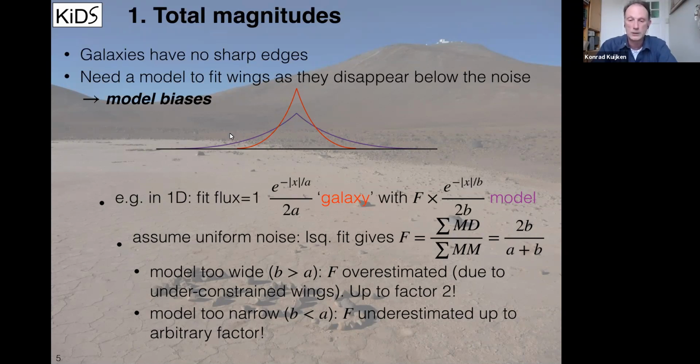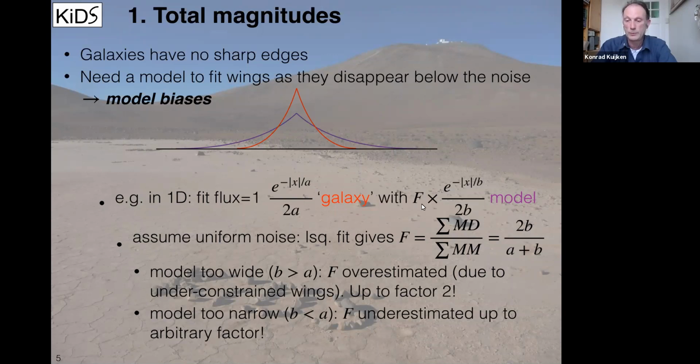So here, for example, let's take this red profile. This is a simple 1D example of an exponential galaxy with a total flux of 1, scale length A. And let's say we try to model this galaxy with another exponential, but with the wrong scale length. So here's the truth, a flux 1 galaxy, and here's our model, a galaxy with a scale length of B and flux 1.